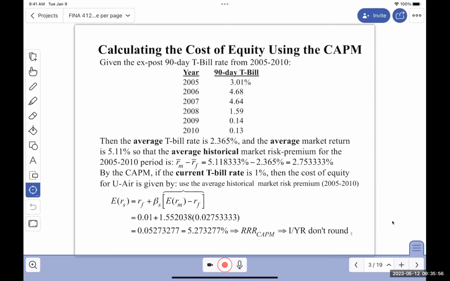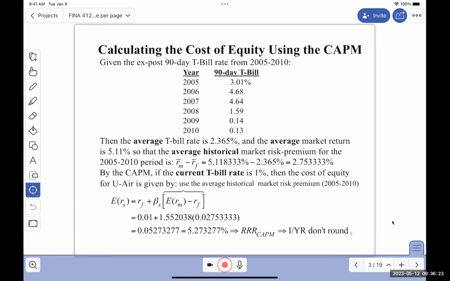So what's the effect of that? What's the effect when the discount rate, or the required rate of return, is lower? You're still going to accept the project. If you remember, the internal rate of return was 10.26 when we calculated the UAIR case at the end. So this required rate of return is even lower.